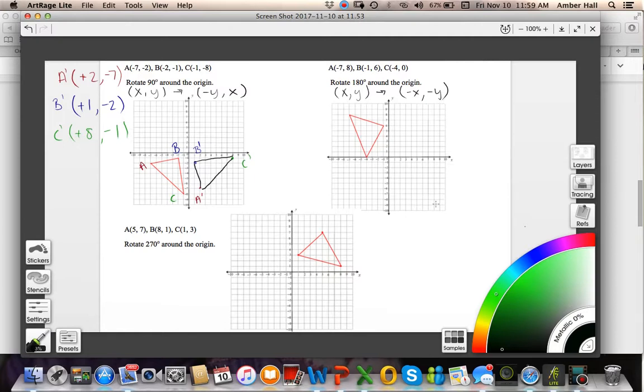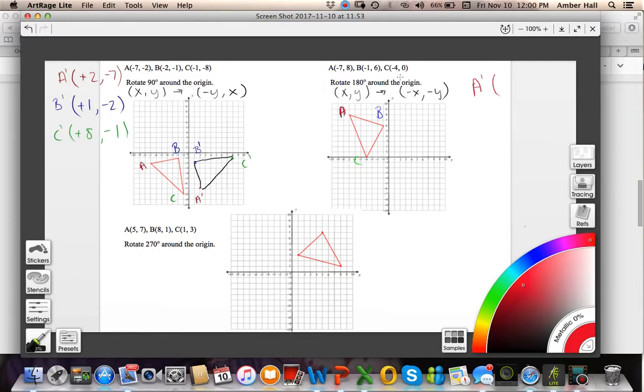So I'm just going to apply this rule to A, B, and C. First I'm going to label my triangle. I want A to be red. A is -7, 8. B is -1, 6. And C is -4, 0. So now I'm going to apply the rules and graph it.